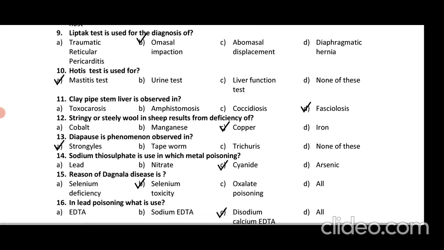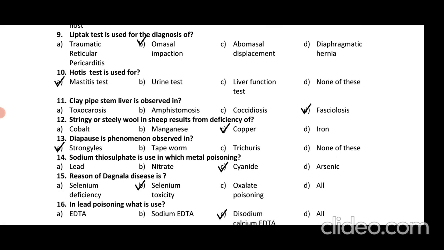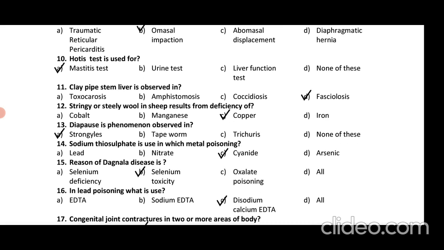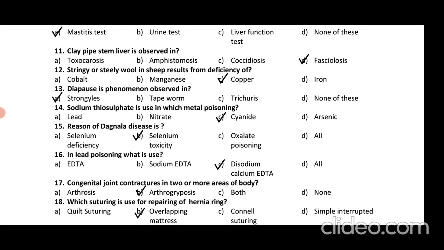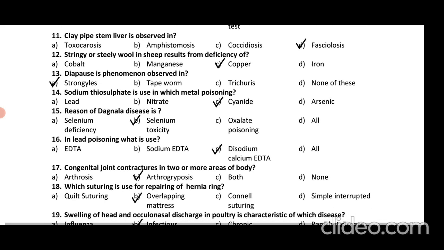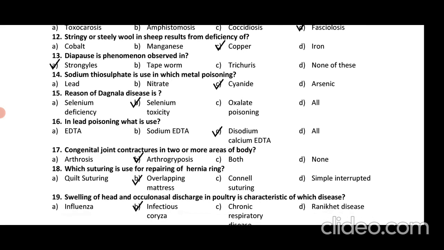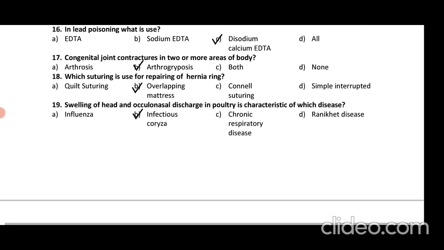In lead poisoning, what is used? Disodium calcium EDTA. Congenital joint contractures in two or more areas of body is arthrogryposis. Which suturing is used for repairing of hernial ring? Overlapping mattress. Swelling of head and oculonasal discharge in poultry is characteristic of infectious coryza.